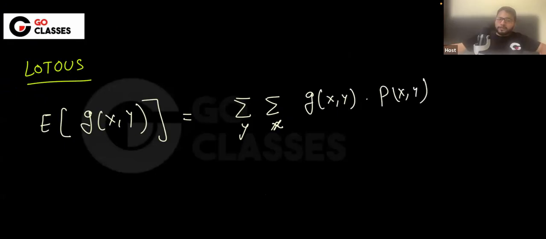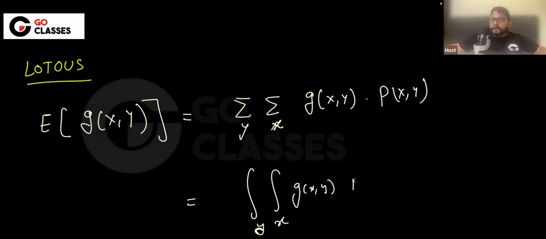If it is the continuous case, the same thing, g(x,y), and here it will be the PDF. Maybe let me write f. It will be the PDF.